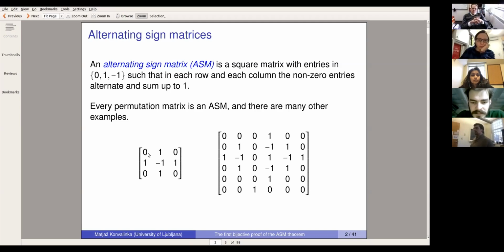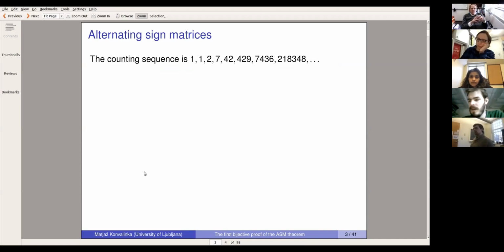Here on the left, you can see the smallest ASM that is not a permutation matrix. Here is a 6x6 ASM, and there are many more alternating sign matrices than permutations. So this is the counting sequence, 1, 1, 2, 7, 42, etc.